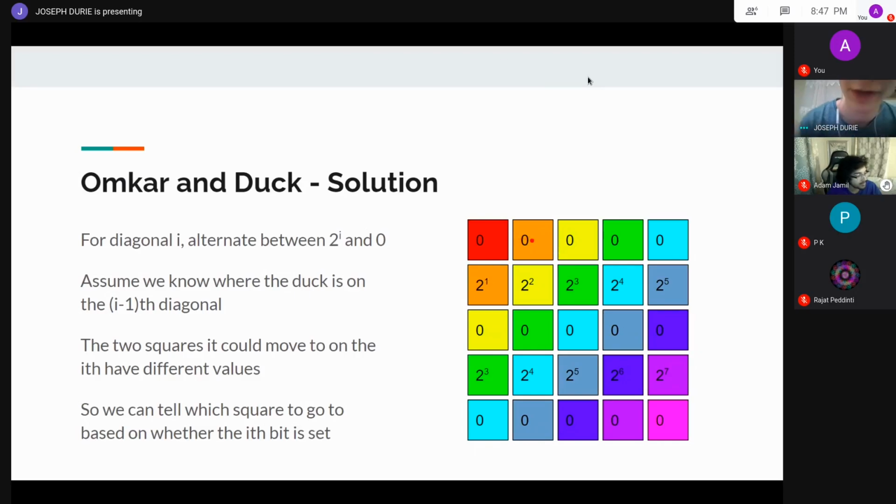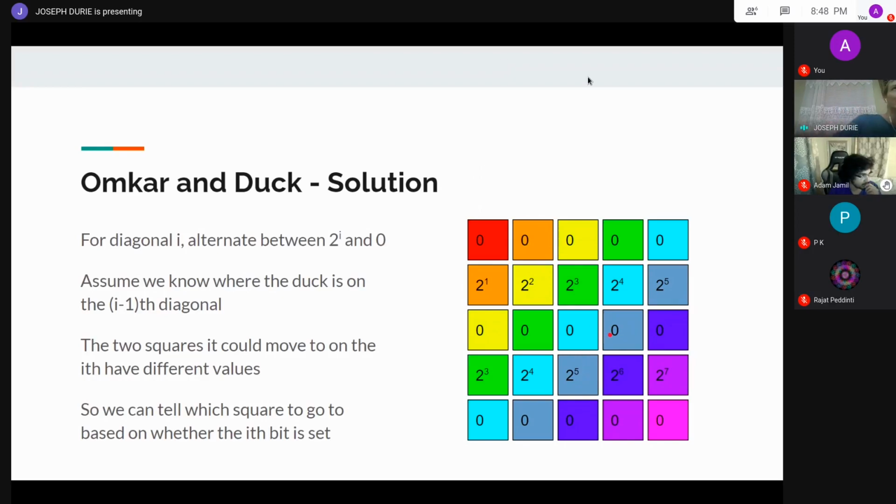Now you'll notice that regardless of where we end up here, we're in a similar situation on the yellow diagonal. If we're here, then we have a choice of going to a 2 to the 2 or a 0. And if we're here, we also have a choice between a 2 to the 2 and a 0. At every square within this grid, say we end up here after some sequence of moves, we always have a choice between 2 to the i plus j and 0.